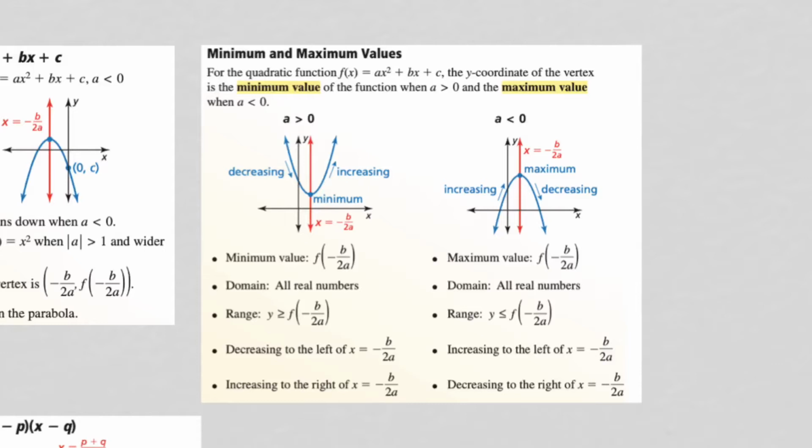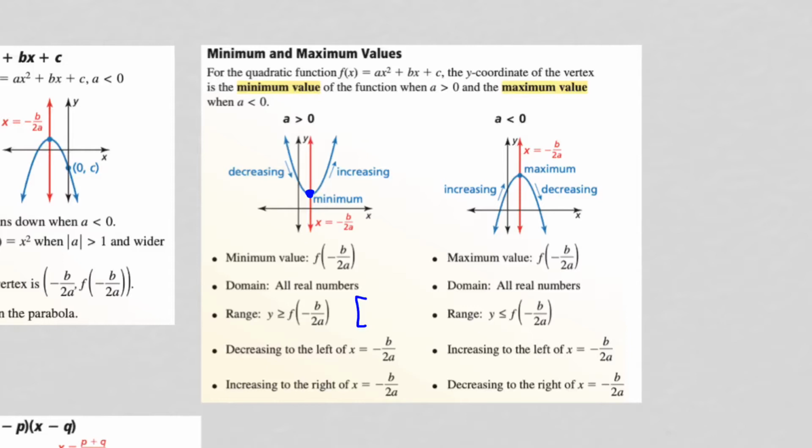And then your range, if a is positive, means you're opening up. Your range is the minimum value all the way up to infinity because it's going up forever. And you would always put a bracket when we write it in interval notation.